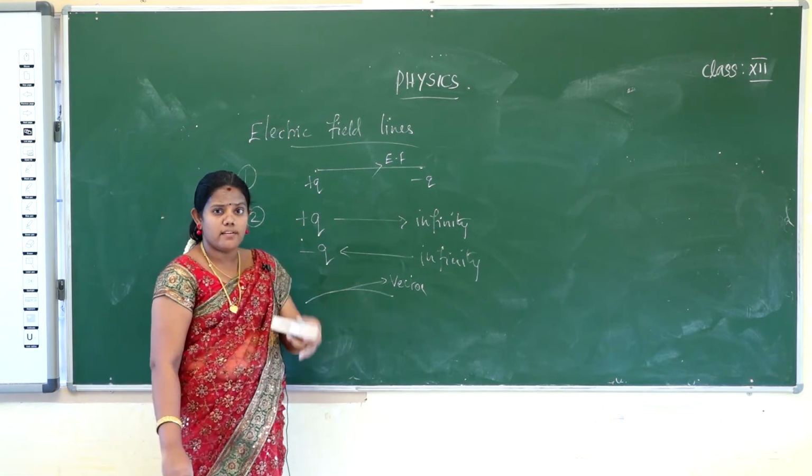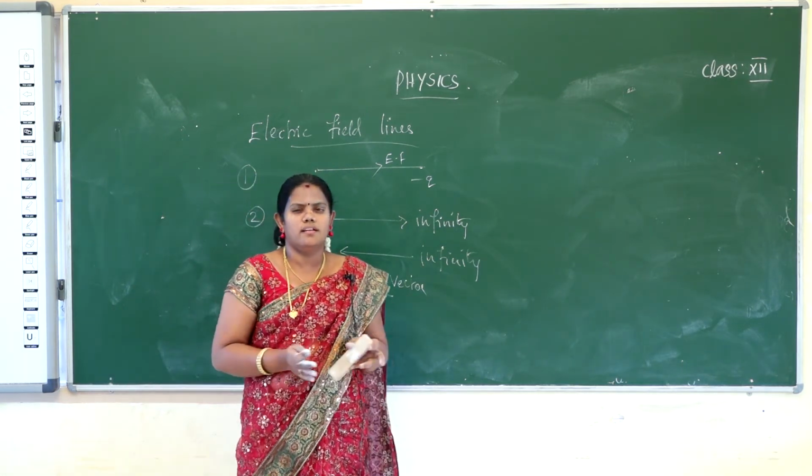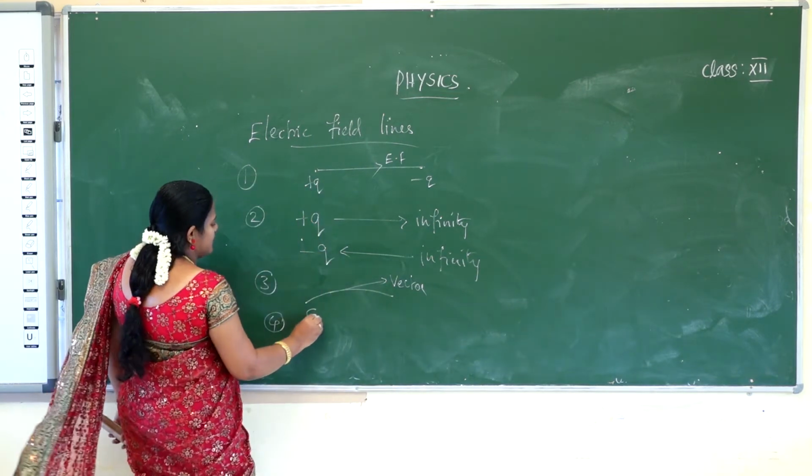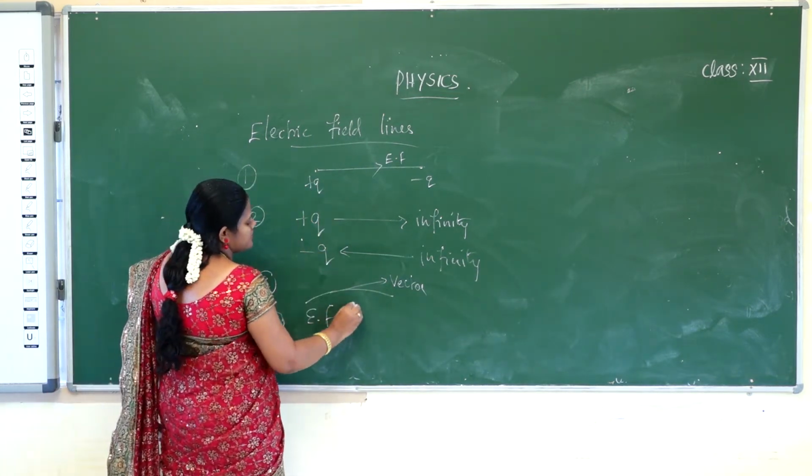What is the meaning of denser or rarer? In which place the electric field is thick, and in which place it is lean. So when is the electric field denser?